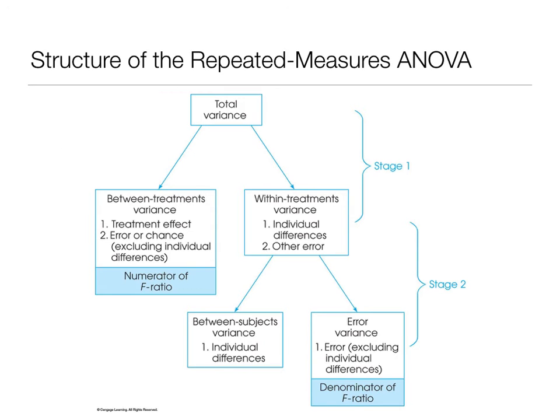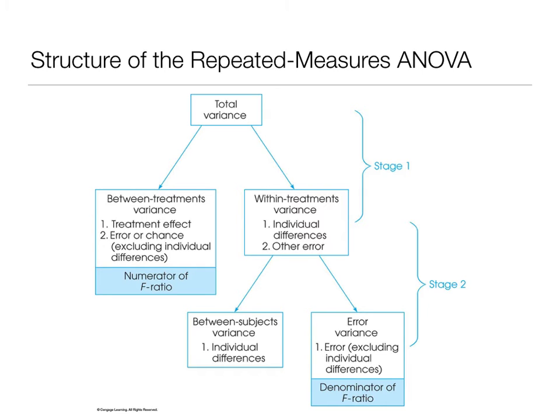You can see that a little bit better on this slide here graphically. We still have the additive relationship where between treatments plus within treatments equals total. But what we're going to do a little bit differently is divide up the within treatments variance. We're going to say how much of this is caused by individual difference, and we're going to call that between subjects variance.